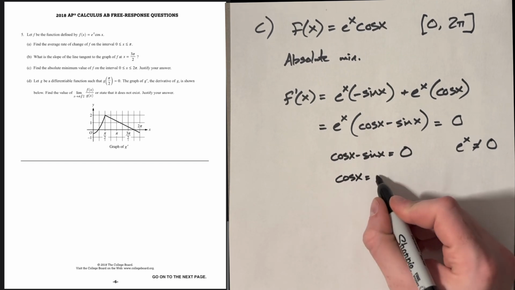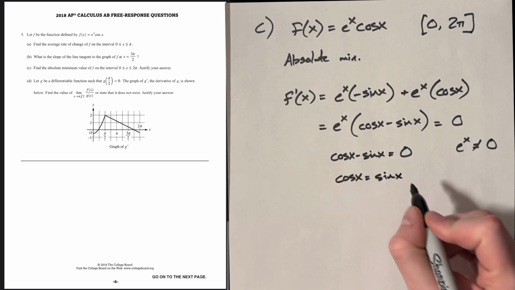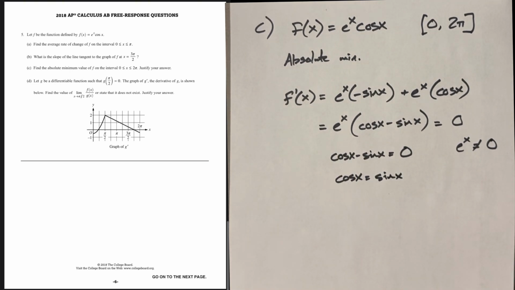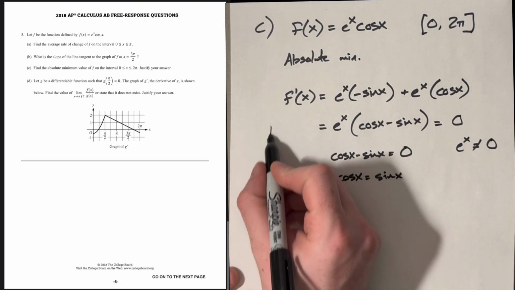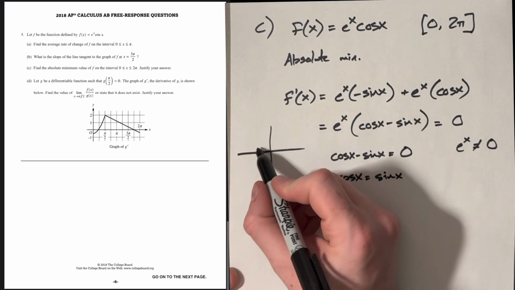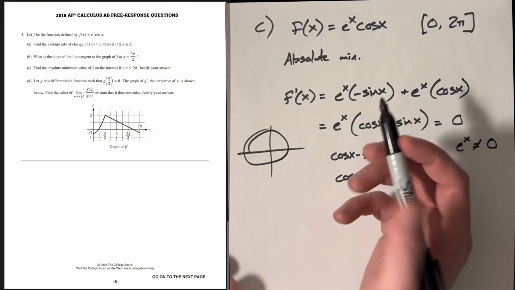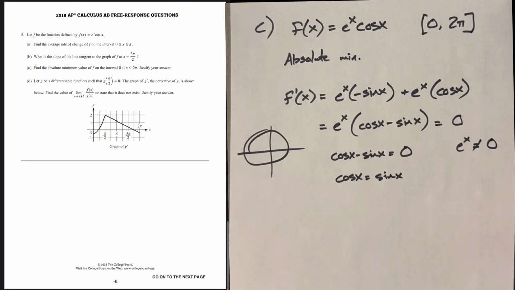Cosine of x is equal to sine of x. So we're looking over the interval 0 to 2 pi. How many possibilities are there? I'm going to draw that mini unit circle again, as poor as my circle may be. That one was a rough one, I'm sorry.